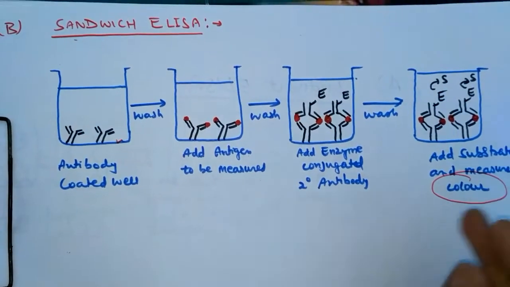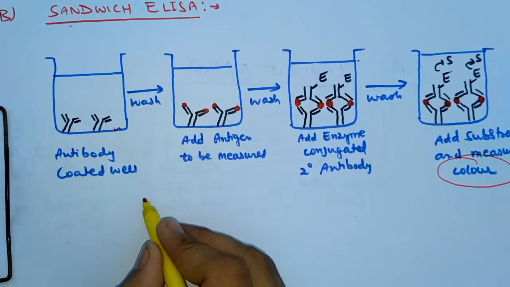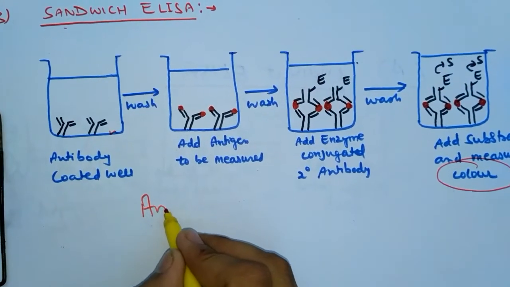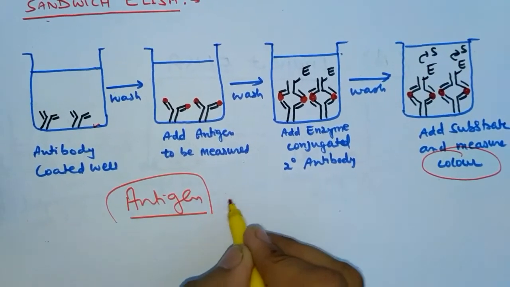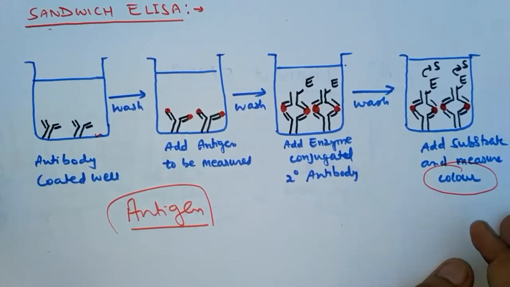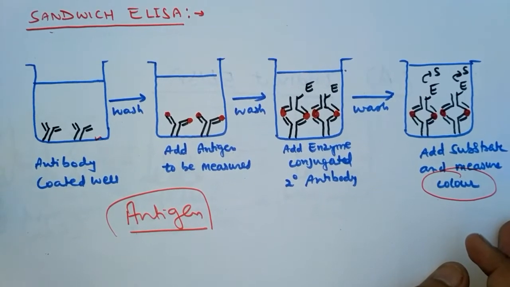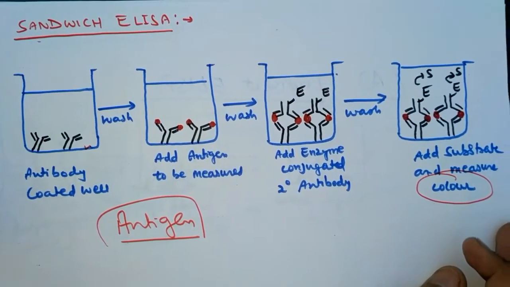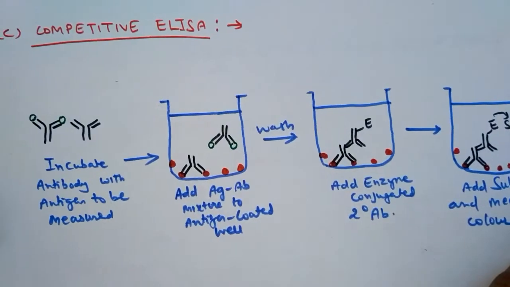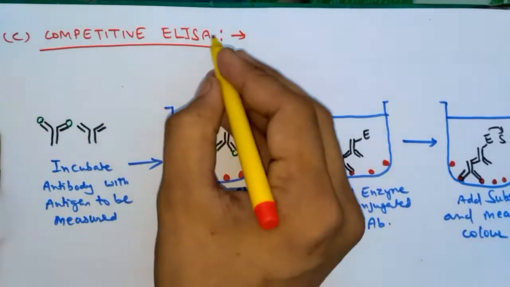Hence, in the sandwich ELISA, we identify antigen, a particular type of antigen entering our body, with the sandwich type of ELISA. The third type is the competitive ELISA.